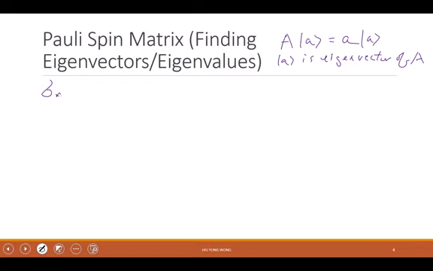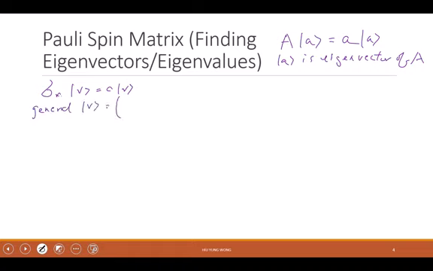I assume that its eigenvector is called v, and I assume its eigenvalue is c. So when you multiply the matrix on the eigenvector v, you will get the eigenvalue times the vector, right?